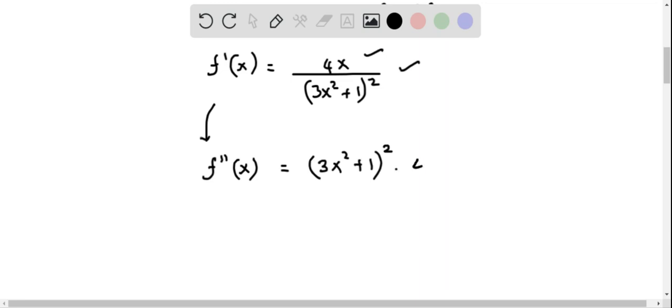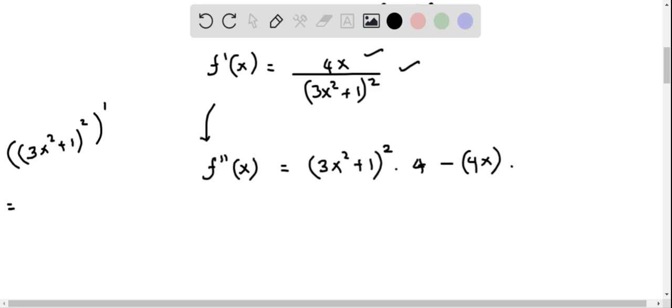The derivative of 4x is 4, and then I put the minus according to the quotient rule of derivatives. Now I write the numerator expression, that is 4x, and then multiply with the derivative of 3x squared plus 1 quantity squared. We should find its derivative.